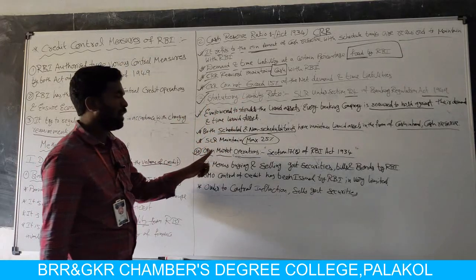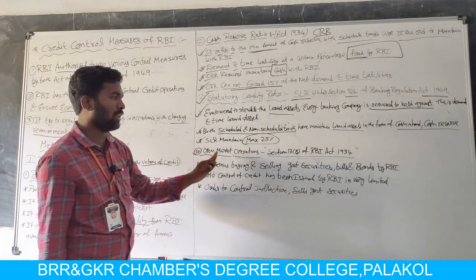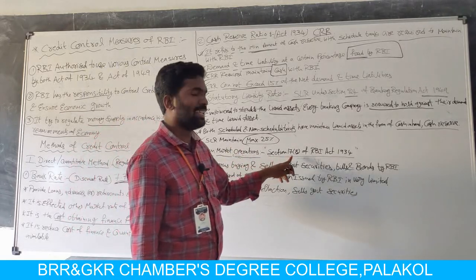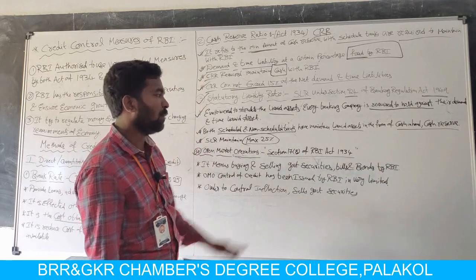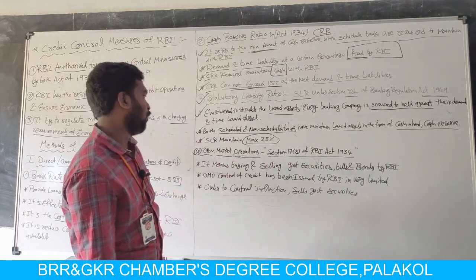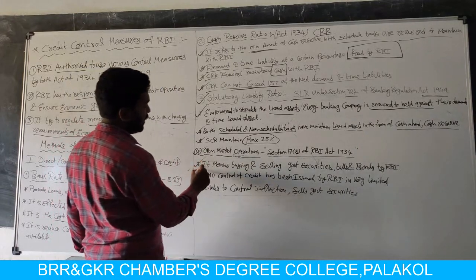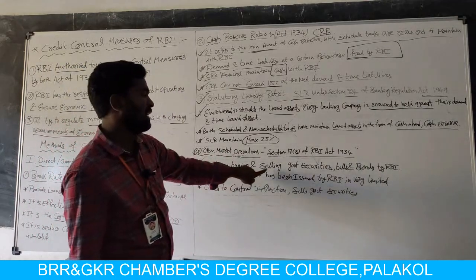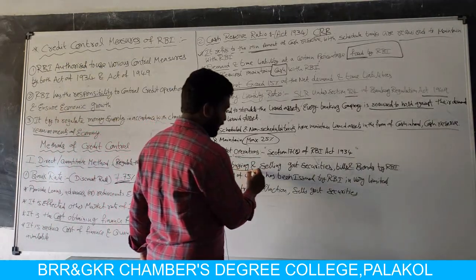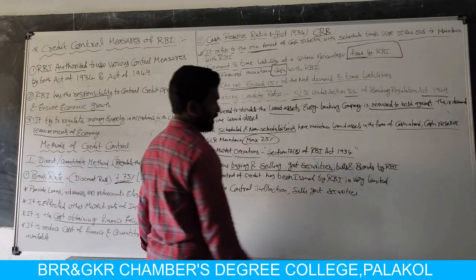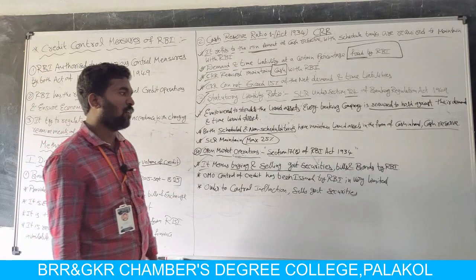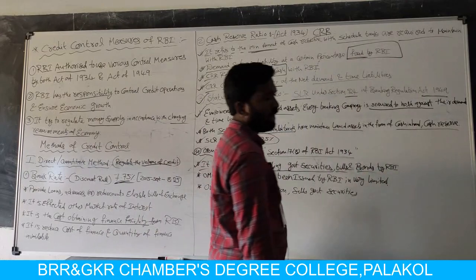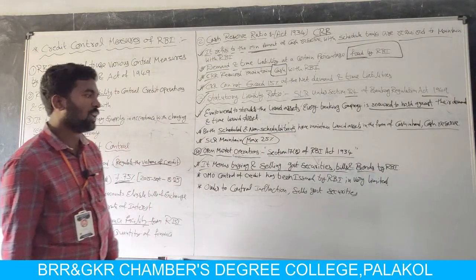Then fourth one, open market operations. Open market operations work as per section 18 subsection 8 of the RBI Act 1934. In this method, open market operation means buying and selling government securities, bills, bonds by RBI.